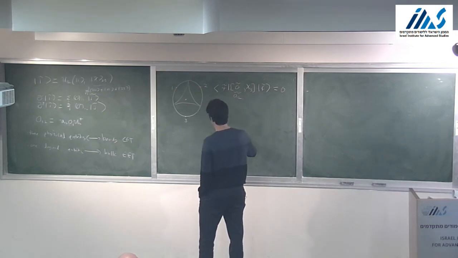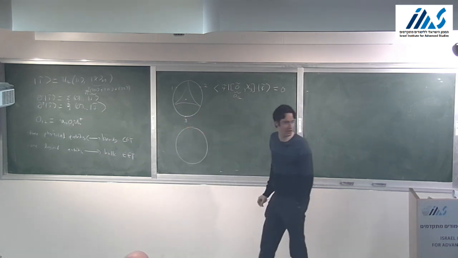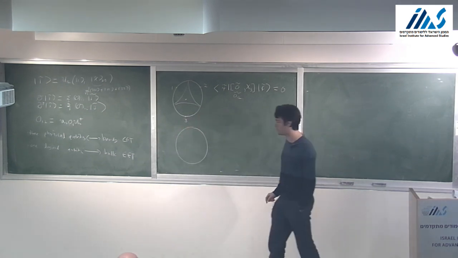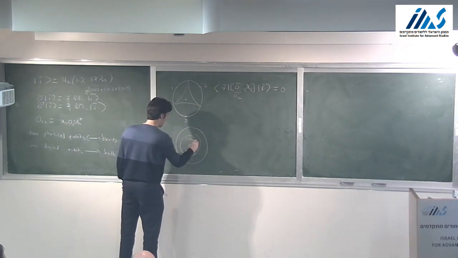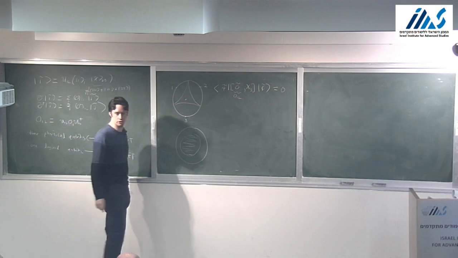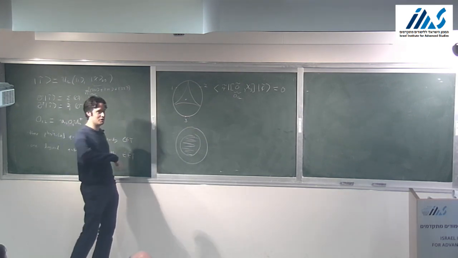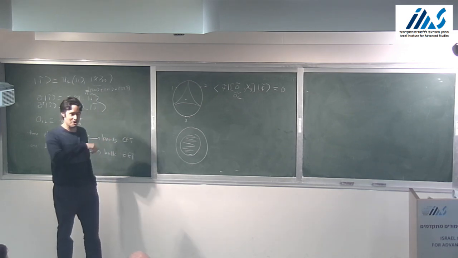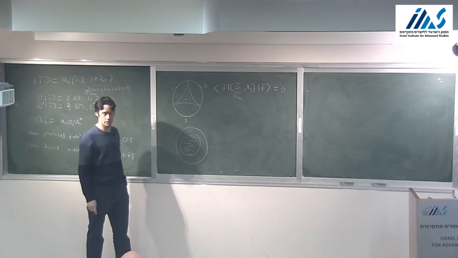So here's the claim. The claim is that in the other states, the orthogonal complement of the code subspace, the picture you should have in the bulk is that now there's a black hole sitting here in those states. This point is gone, and the 24 dimensionality of the orthogonal complement is the microstates of this black hole.